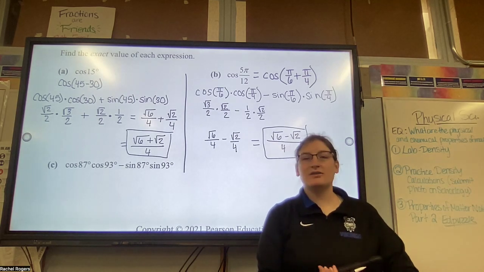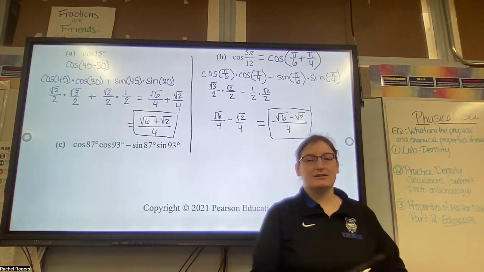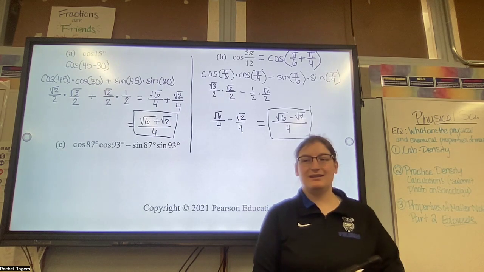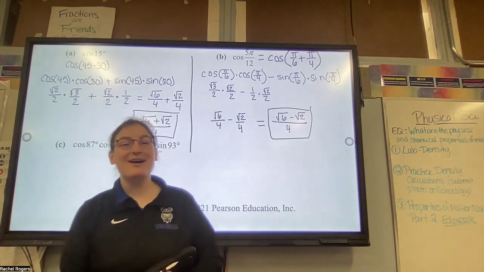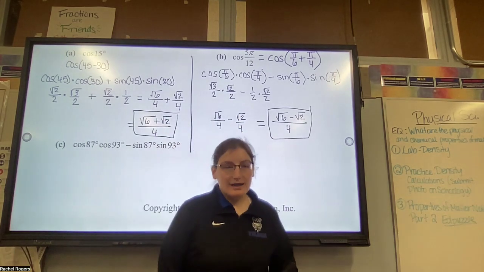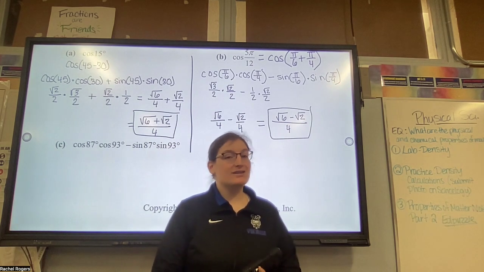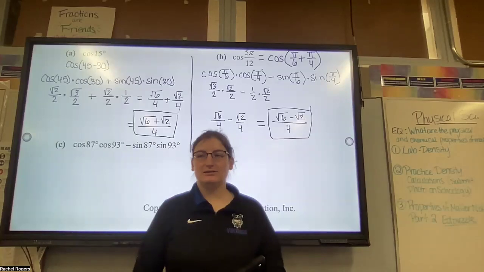Not quite terrible. This is a lot of just straight calculations. But take a look at C. What's different about C? They're all angles that are bad. They're not necessarily bad, they're just not as friendly, right? We don't know the cosine of 87 off the top of our head. So if we have this expression, what does it look like?